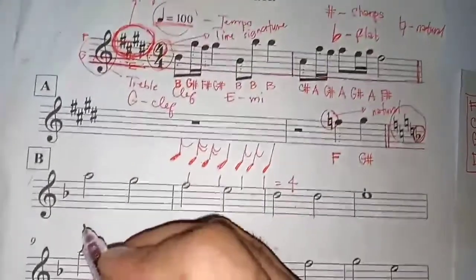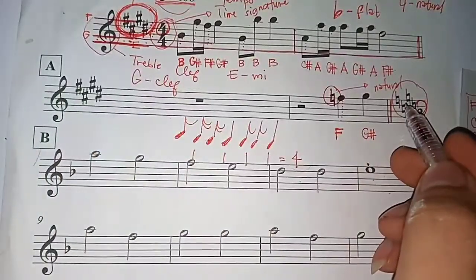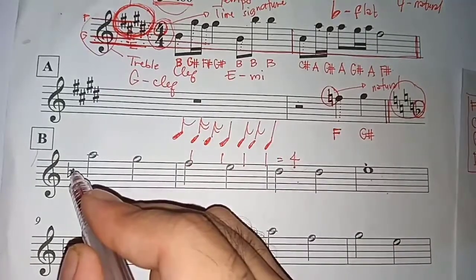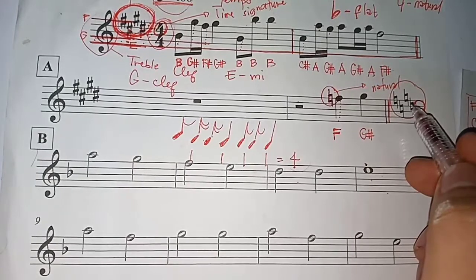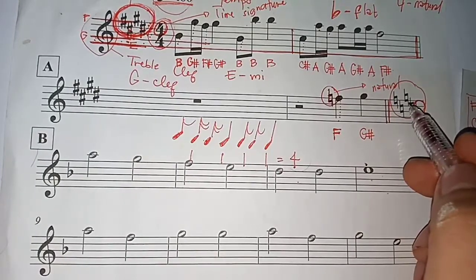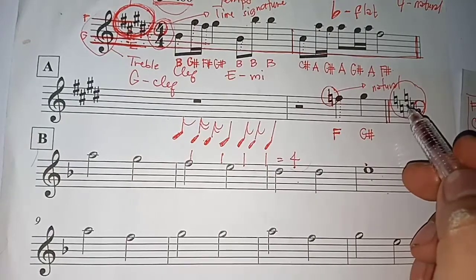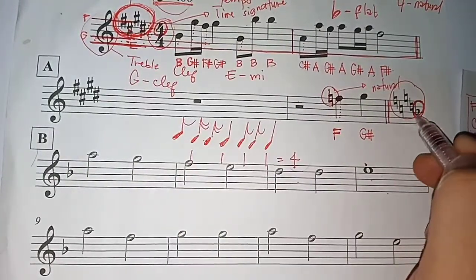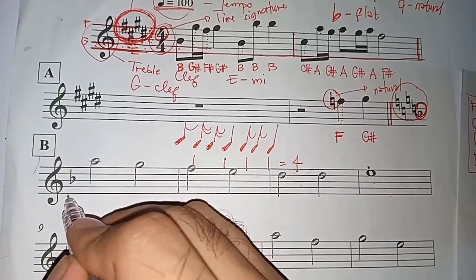If we have cancelled all the sharps, it means it's unnecessary for us to indicate at every start of our musical score the natural sign. So since we have a new tune, we have an accidental on what line? So we'll recite it.